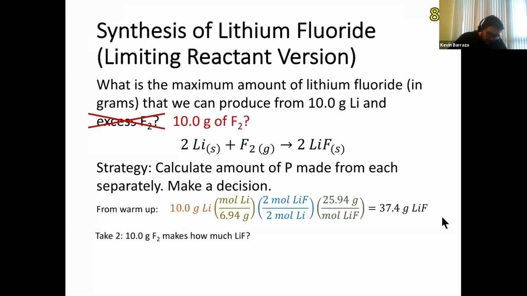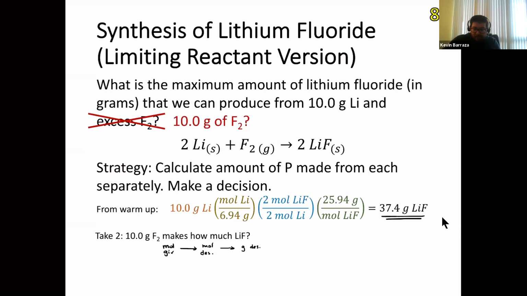So just to write the flow chart one more time, again, the center is moles of given to moles desired. And since we're trying to compare our answers, the desired should be the same unit as before. So grams of desired is going to be that.